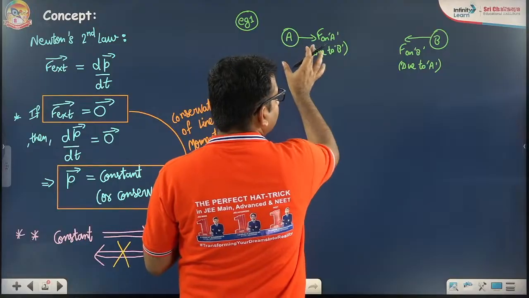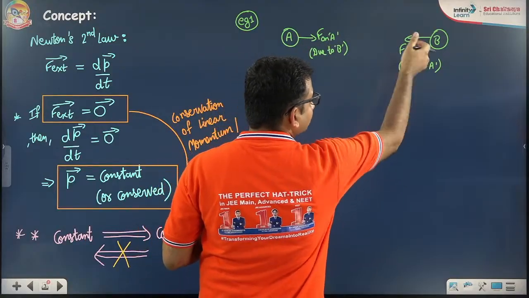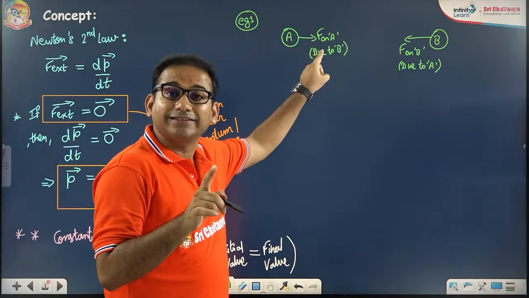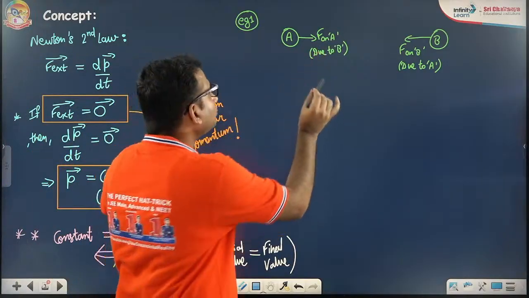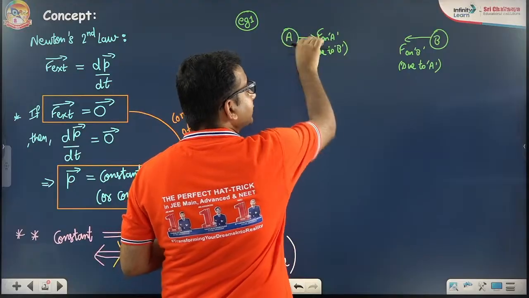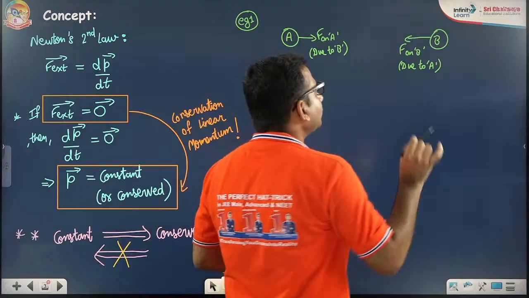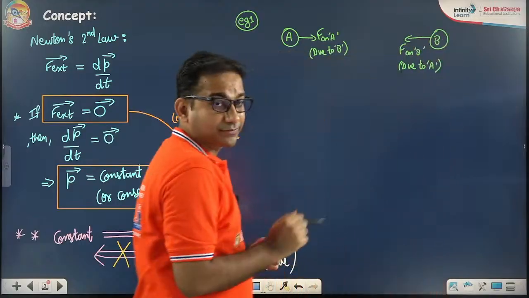I can use other symbolic notations for this also, but right now I'm writing everything clearly for you. There is a force acting on A due to B, and a force acting on B due to A. The force acting on A, you need to keep your pen on A and show its direction. The force acting on B, you need to keep on B and show its direction.